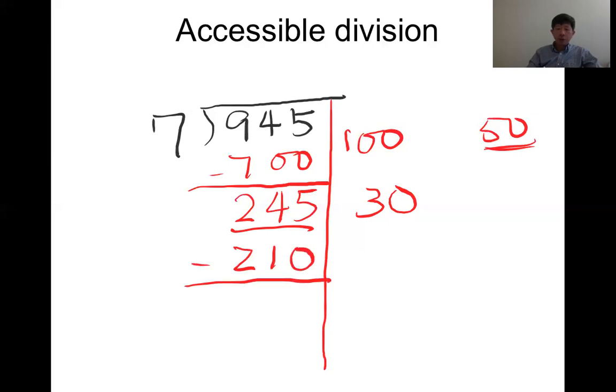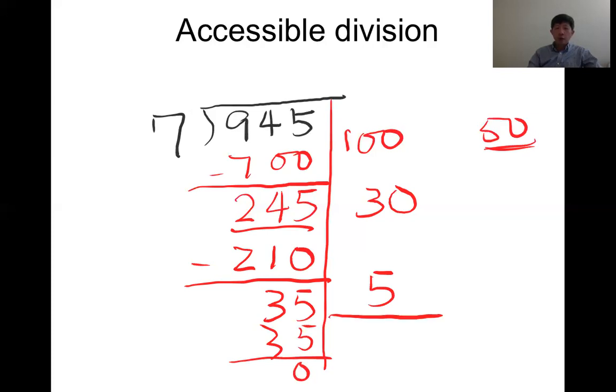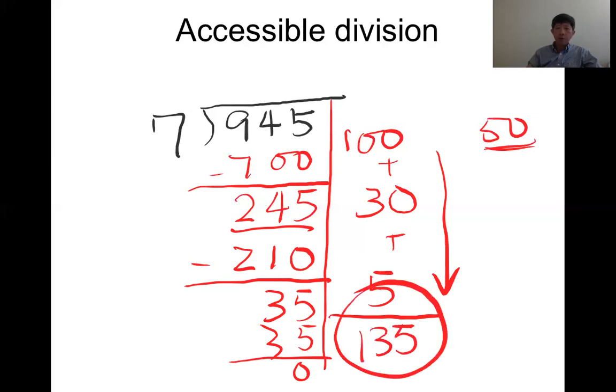Subtract. Oh, I got a 35. I fill in 5 times 7, 35. So therefore, got a 0. So the answer is adding up the total: 100 plus 30 plus 5, 135. So the final answer would be 135, right?